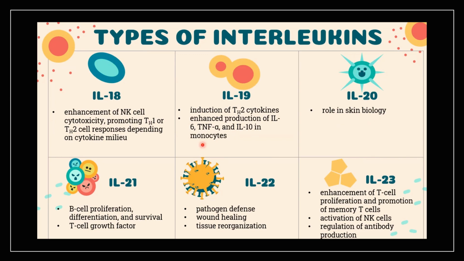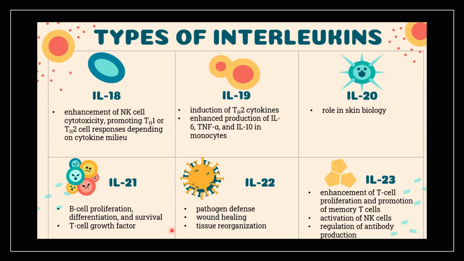For interleukin 21, they originate from various lymphocytes, and their target cells are CD4 T cells, CD8 T cells, B cells, and dendritic cells. Their major functions are B cell proliferation, differentiation, and survival, and they help as a T cell growth factor.